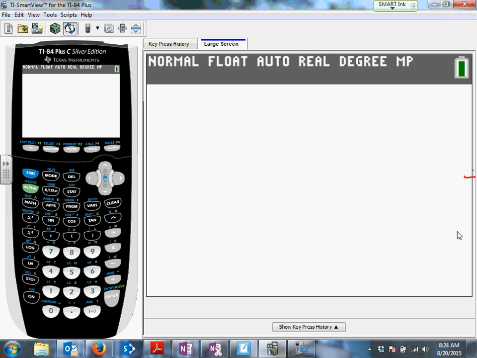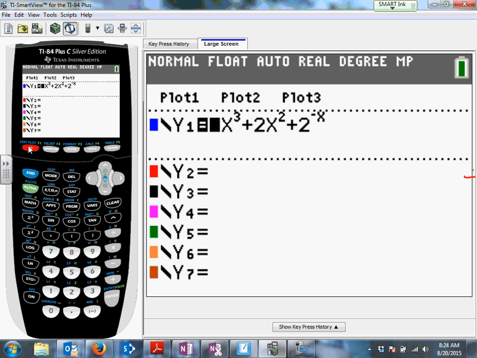Okay, press Y equals, and you can type in your equation. So we have 3, the x button is right here by alpha, 3x squared, here's squared, plus 22x, plus 22, here's the x button, minus 16.